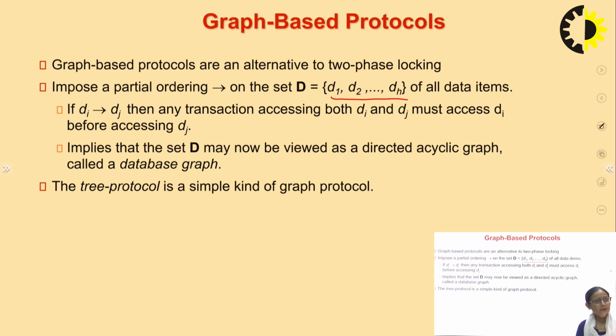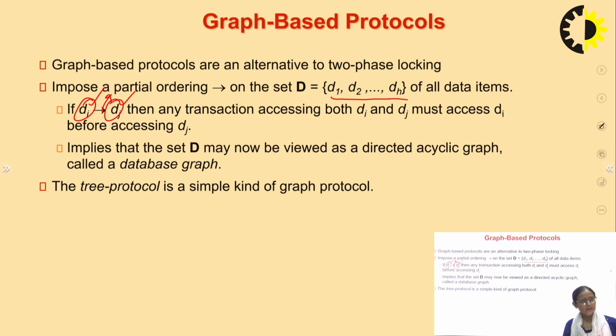And if Di to Dj, that is, these are my set of vertices, data items, and we are inserting an edge from Di to Dj. Any transaction accessing both Di and Dj must access the data Di before accessing the data Dj. That is, if a transaction is using these two data items, then first it will use the data item i, and only then it would be able to use the data item j.